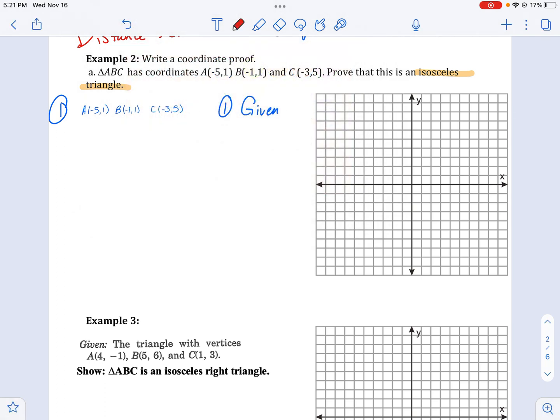If I were to plot this triangle, I would plot C, B, and A. I want to prove that my triangle ABC is isosceles, and I'm going to use my distance formula to do that.